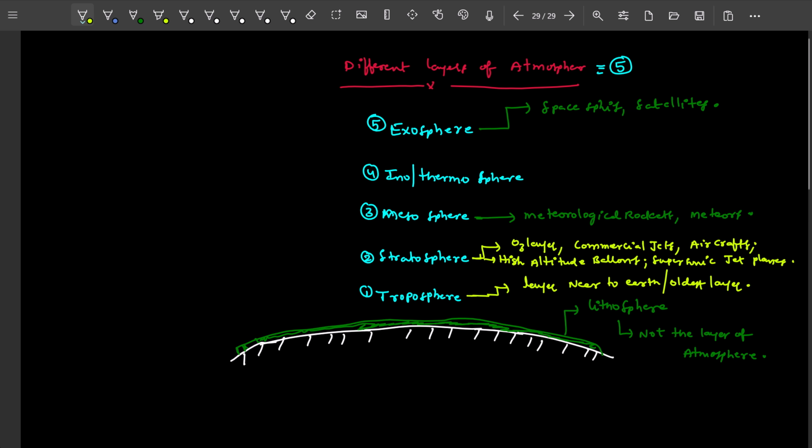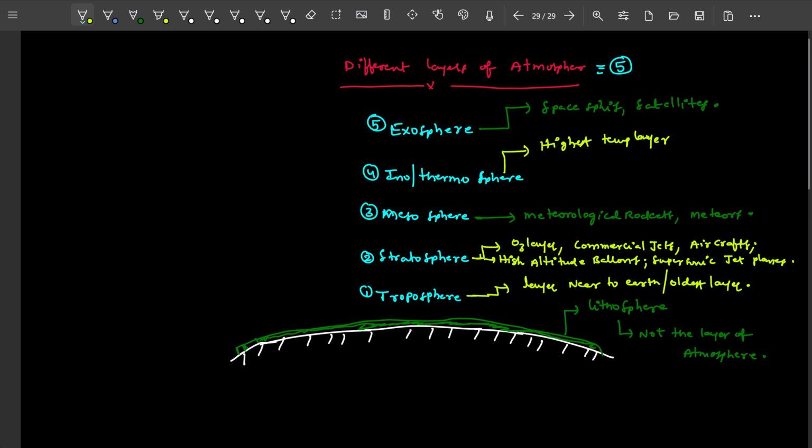Then this thermosphere is there, no? This thermosphere is the highest temperature layer. Thermo means heat, so highest temperature layer.